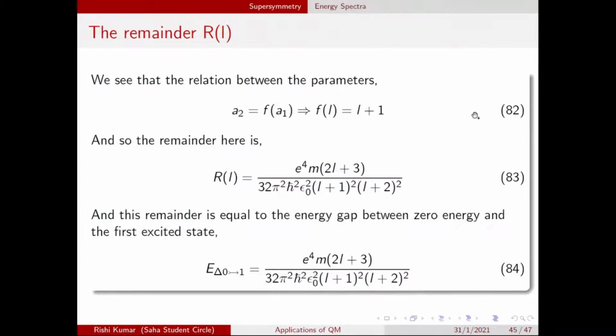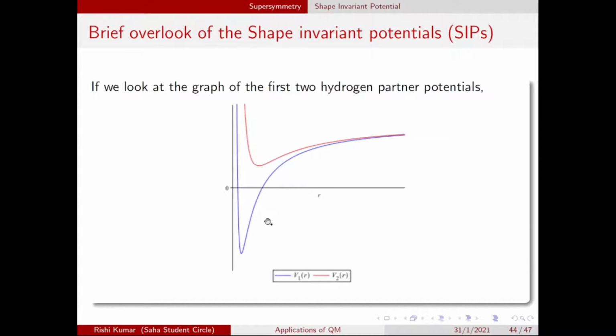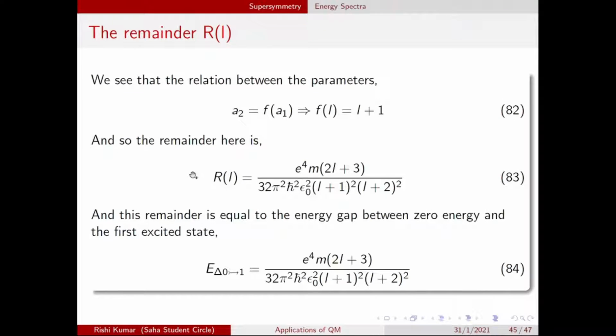So these two parameters differ by this L plus 1 quantity. And this plus R of A1 we call the remainder, which shifts this potential. We call this R of L, which is this term right here.